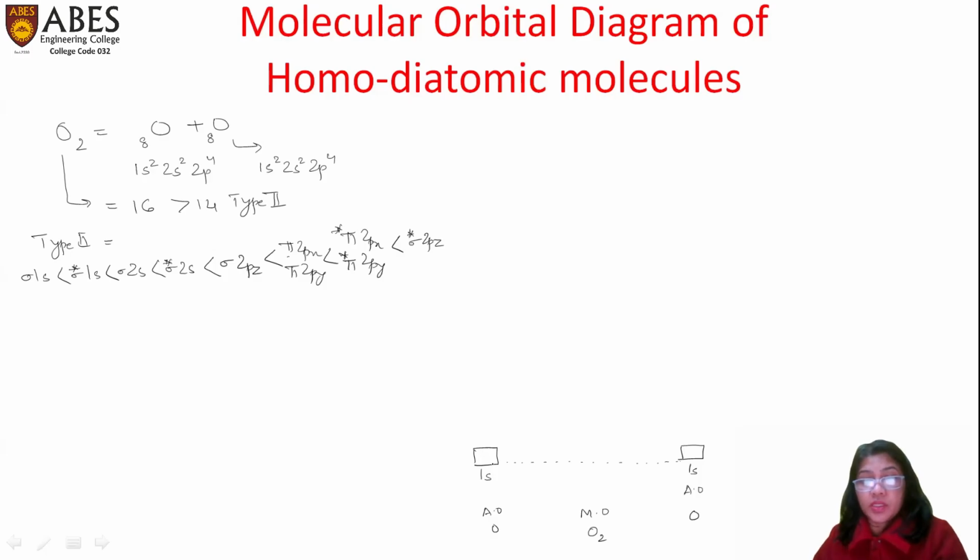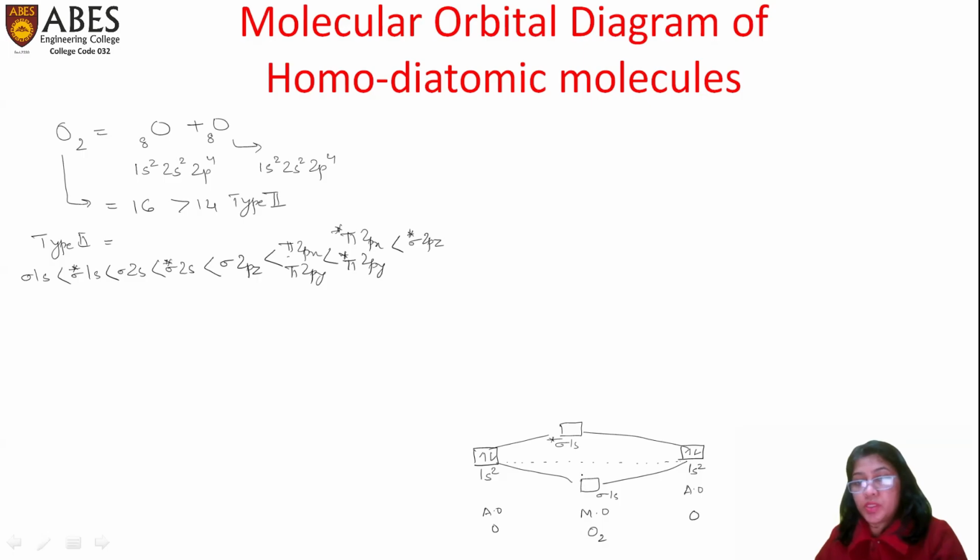In this case, 1s has 2 electrons, one positive spin, one negative spin. Similarly, this oxygen atom also has 2 electrons, one positive spin and one negative spin. When these two atomic orbitals combine, they will form two molecular orbitals. One will be the sigma molecular orbital, sigma 1s, and the other will be the antibonding sigma star 1s.